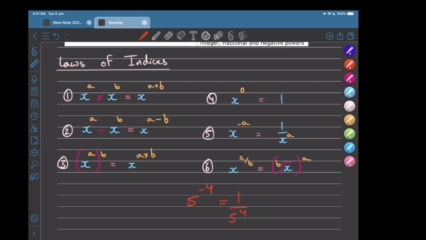If I have 5 to the power of negative 4, it technically means 1 over 5 to the power of positive 4. The negative represents an inverse. If I go deeper it will become more advanced, so I just want you to understand that 5 to the power of negative 4 is equal to 1 divided by 5 to the power of positive 4.